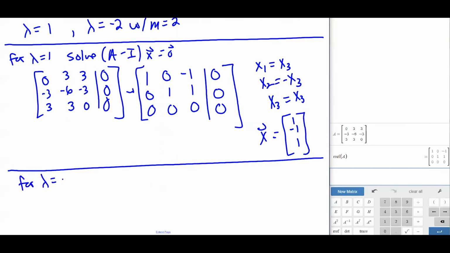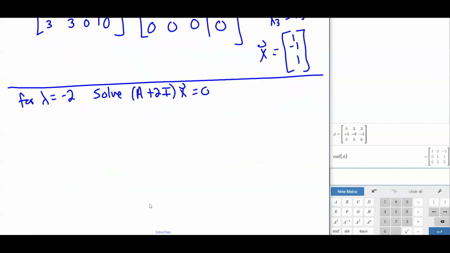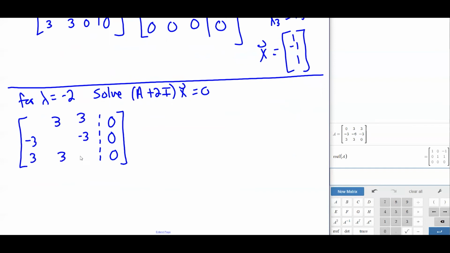All right, so now let's look at lambda equals -2. I need to solve A plus 2I x equals 0. So instead of subtracting 1 like we did last time, we're going to add 2. And of course, augment with 0. All the other stuff is going to stay the same. Just the main diagonal.